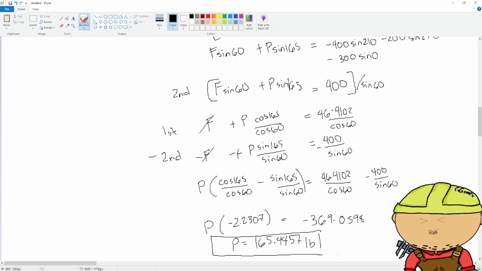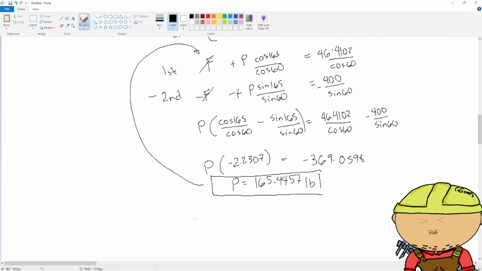To get F, simply substitute P to any of these equations. So I'm gonna substitute P there. F is equal to 46.4102 over cosine 60 minus 165.4457, that's P, multiplied to cosine 165 over cosine 60. And what is F?